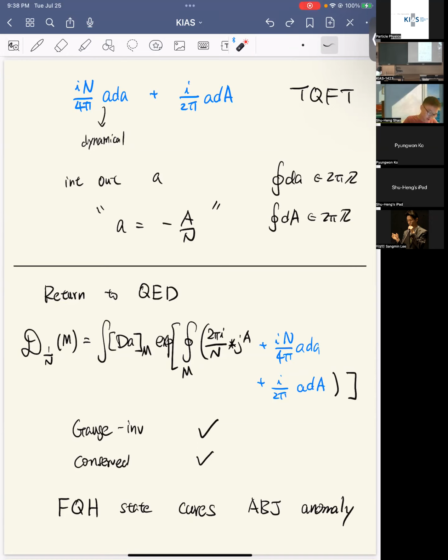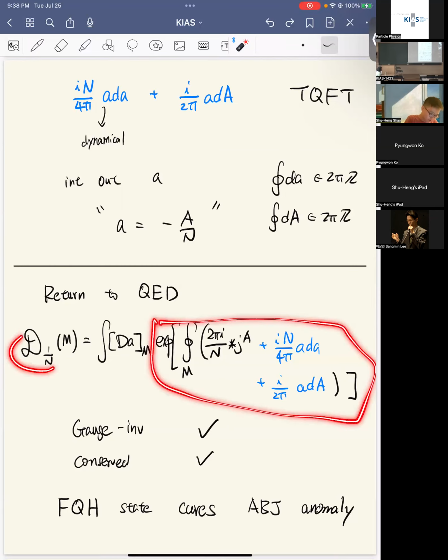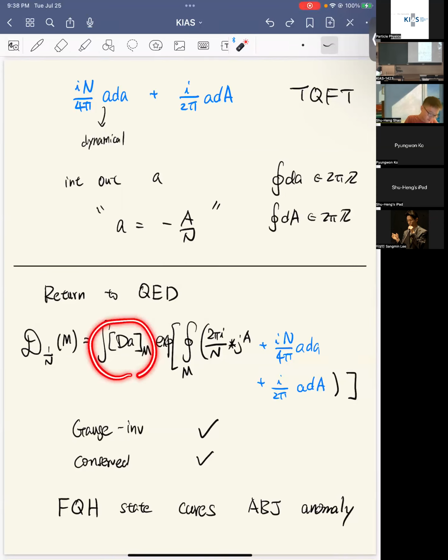Another way to see that it's non-invertible is that the exponential is invertible, but our operator D is a path integral of the exponential, and that is non-invertible. If you just consider a sum of unitaries, that's not going to be unitary, let alone a path integral of unitaries. And what is doing that path integral is the little a gauge field.